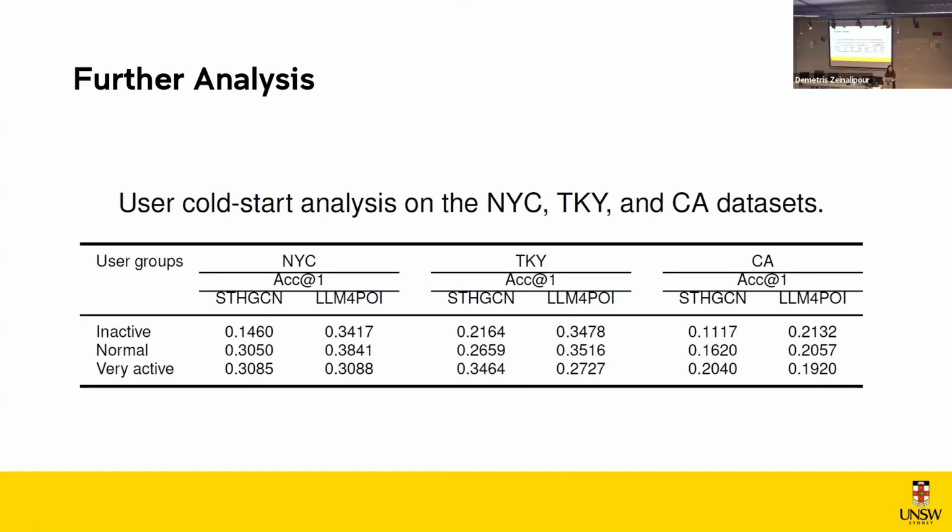We did not do any pruning. Remember, we pruned R1. We have to prune R1. We cannot use them all. But with inactive users, very sparse low check-in, and normal ones, our model, LLM for POI, works a lot better than state-of-the-art graph-based transformer methods.